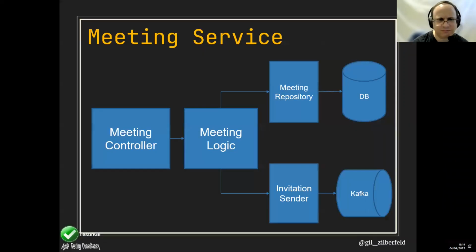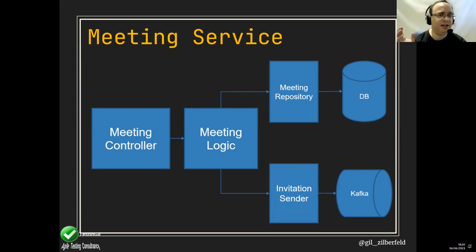We have this kind of architecture for a service: a controller that exposes an API, I'll show you the API in a minute, and it has some meeting logic in there and validation, whether we can create a meeting, schedule a meeting. It talks to the database through a repository and sends out invitations through Kafka to all the people who are invited for the meeting. That's the architecture for that.